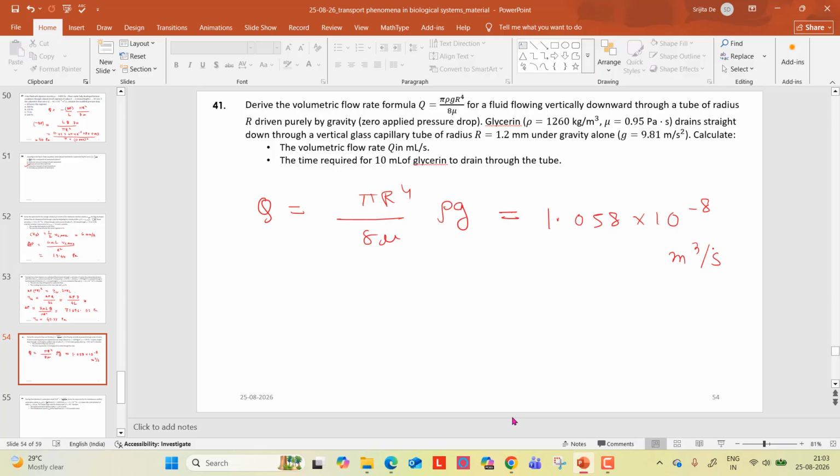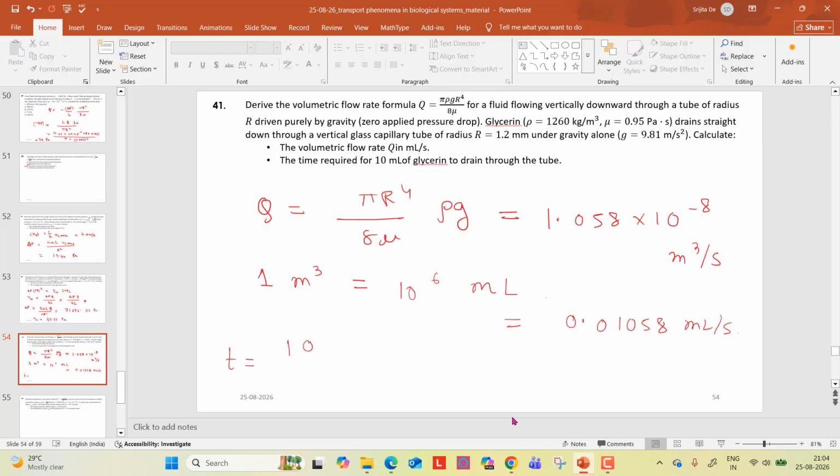So also we know that 1 cubic meter equals 10 to the power 6 ml. So what we can write is 0.01058 ml per second. Now, how much time is required to drain the 10 ml of glycerin?